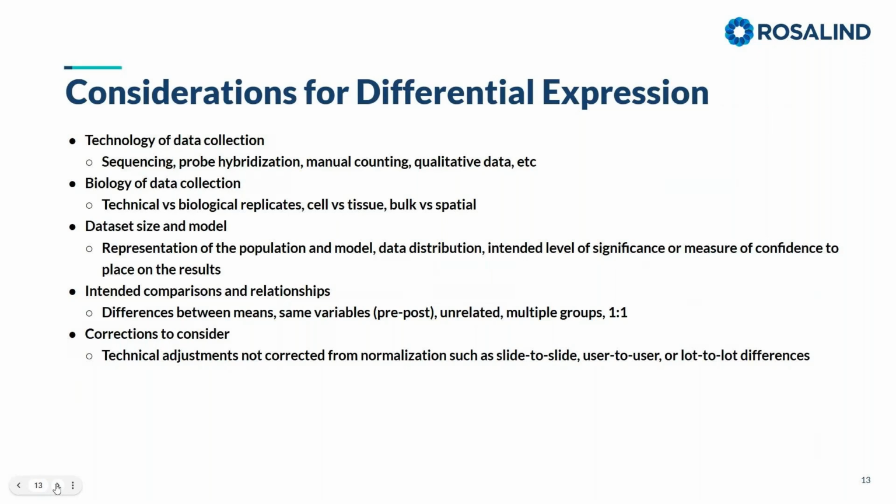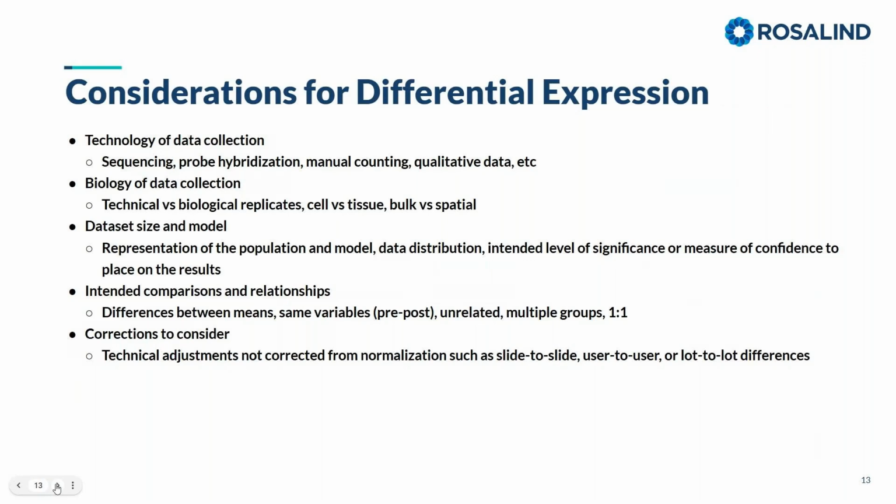All these things are important. Are you taking bulk data, or what we're focusing on today, which is spatial? All of these items have a direct effect on the data you're expecting and how you want to analyze these results. And then your data set and model: do you expect that the data you have is representative of the population and model that you're trying to show?